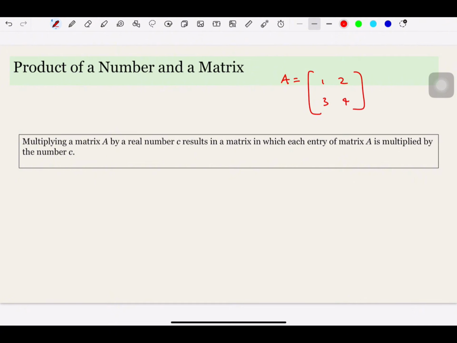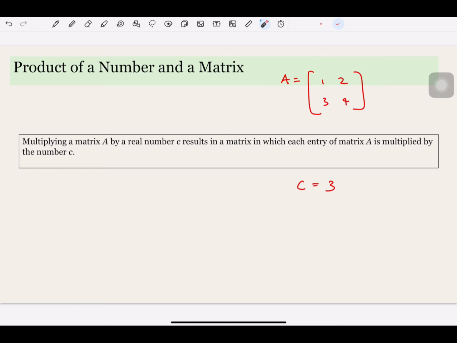So here, let's say we want to multiply this matrix with another number. Let's say the number is 3. So here you have to understand this is a matrix and this is just a number. This is a scalar. Now you're asked to multiply this constant C with this matrix A. So how do we multiply?